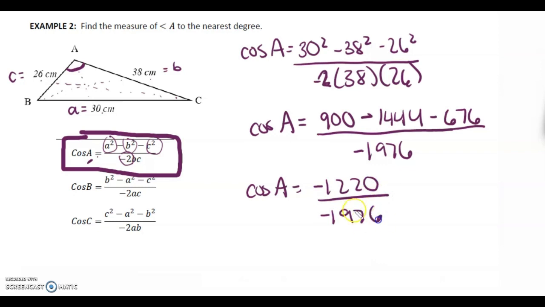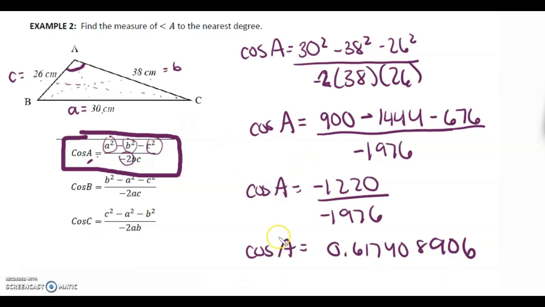And then we're going to keep the denominator as it is, negative 1976. And if we divide these, we get 0.617408906. I'm just writing all of the decimals down there.